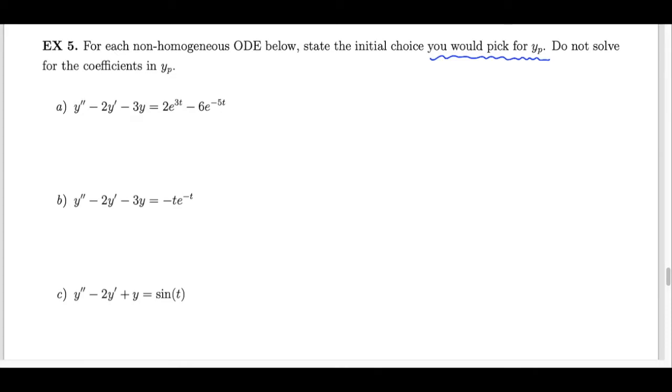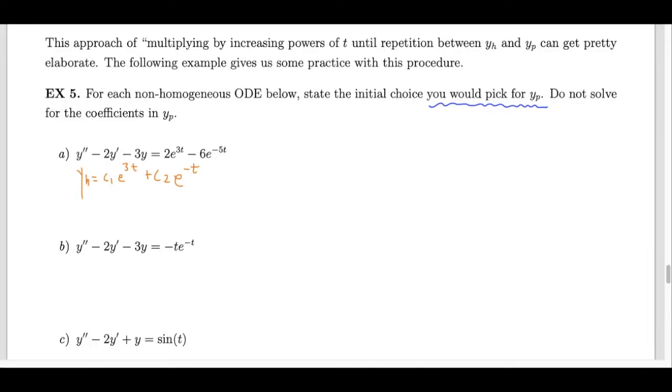In order to identify potential repetition, I need to identify y sub h as a first step. So let me do that first. So I believe this will be my y sub h. And if I make this initial choice for y sub p based on the structure of my g of t, I do notice that there is repetition between this e to the 3t term in my y sub p and an e to the 3t term that I have in my y sub h.